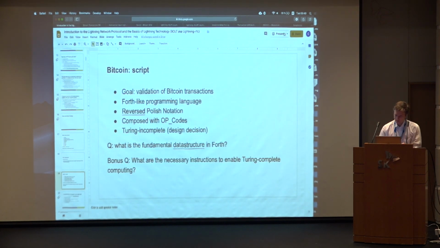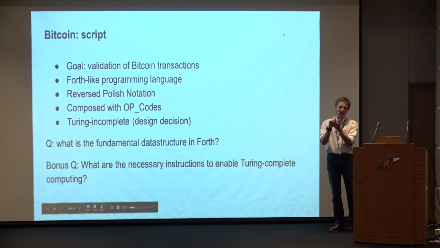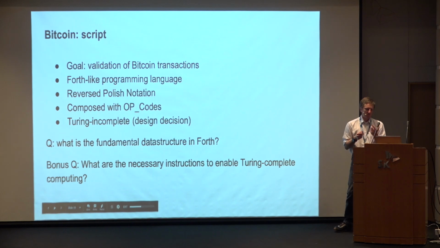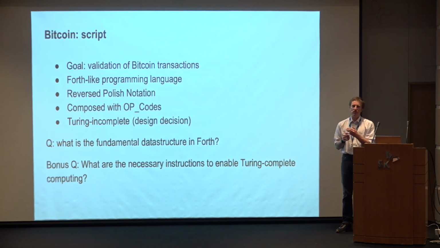All right, so for doing those two operations, checking the signature and checking the hash of the public key, we need simple operations, right? So for doing that, the original people behind the Bitcoin blockchain devised this scripting language, which they called Script.